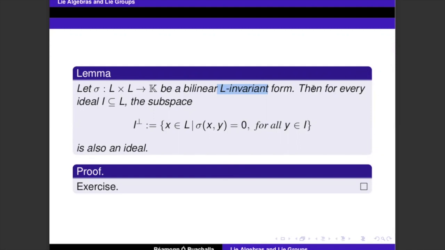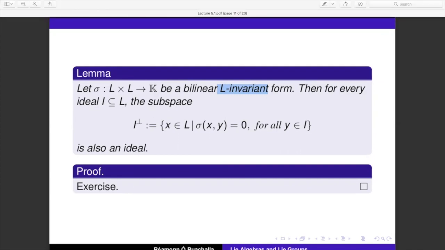You do not need L invariance here to actually define this. But what L invariance does give you is that this thing here is an ideal. So I leave this as an exercise. And I leave you to think about whether or not the Lie algebra is going to be equal to the direct sum.